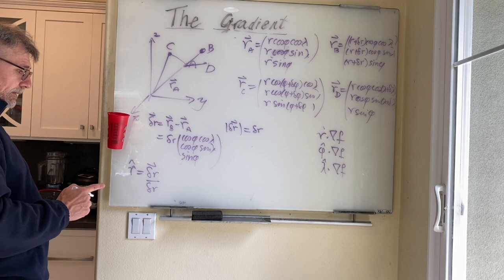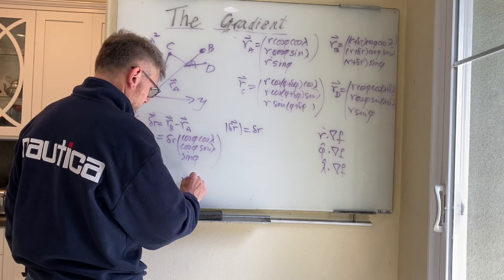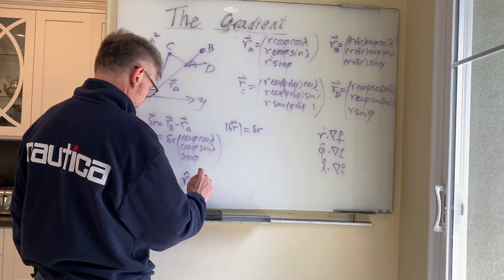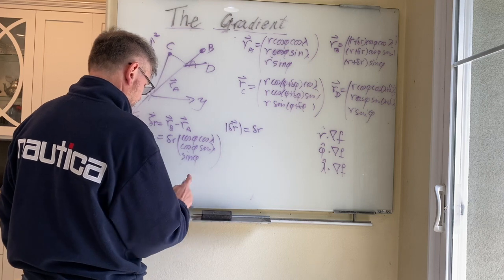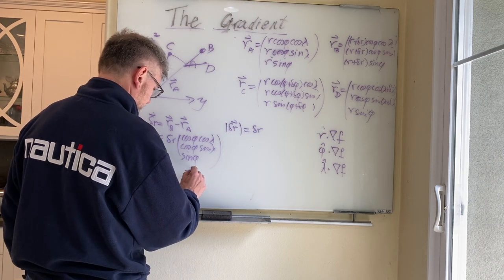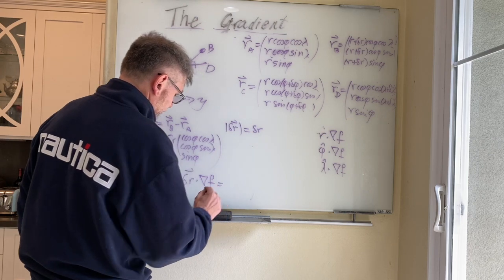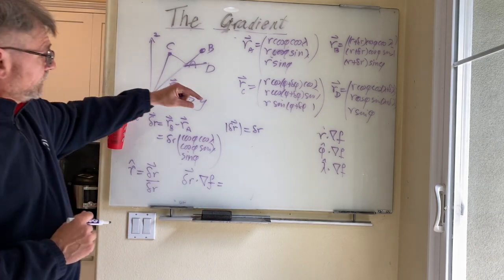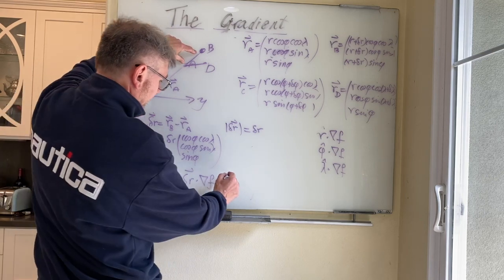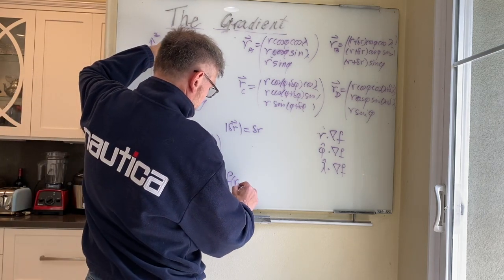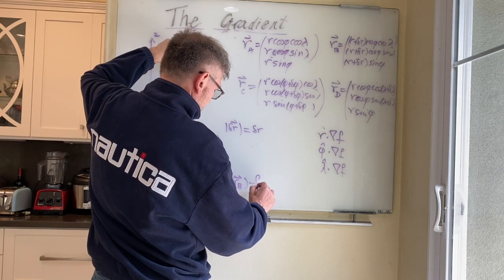And if I take delta r and I dot it with grad f, what I should get, since the increment is a small increment, is just f at rb minus f at ra.